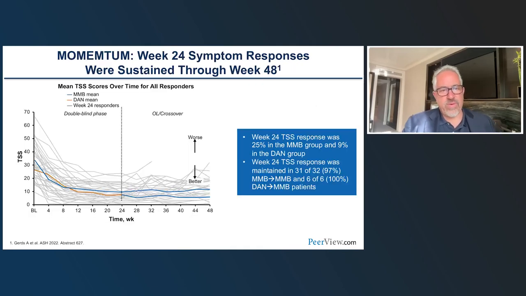What we identified was, one, there was very significant improvement in symptoms compared to danazol as the active control arm. And two, updated information, which Aaron Gertz shared at ASH, that those benefits were also durable.